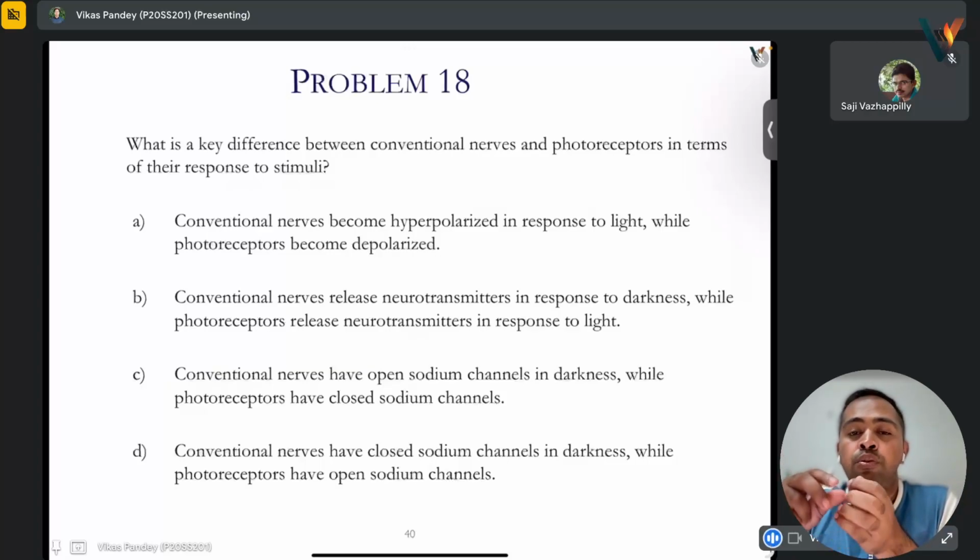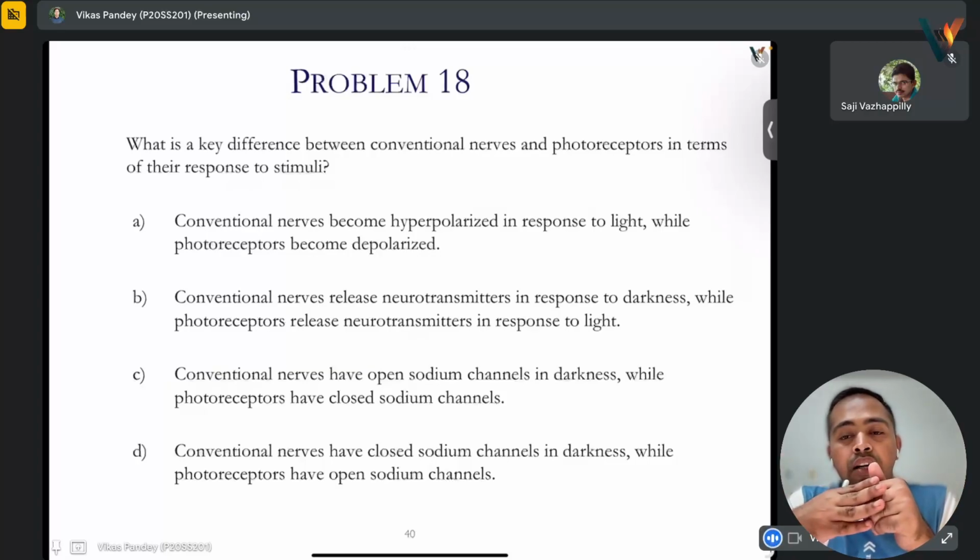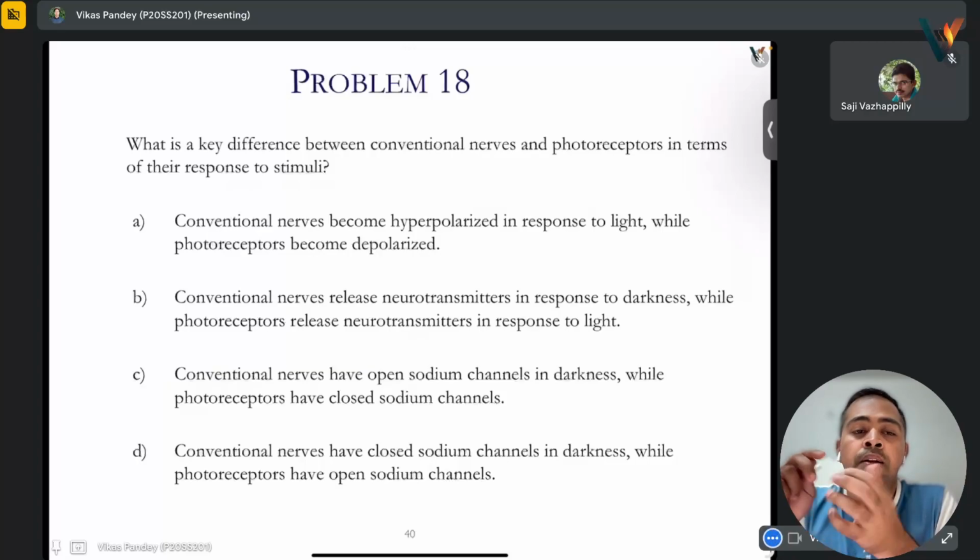Conventional nerves release neurotransmitter in response to darkness, while photoreceptors release neurotransmitter in response to light. Conventional nerves have open sodium channels in darkness, while photoreceptors have closed sodium channels. Conventional nerves have closed sodium channels in darkness, while photoreceptors have open sodium channels.